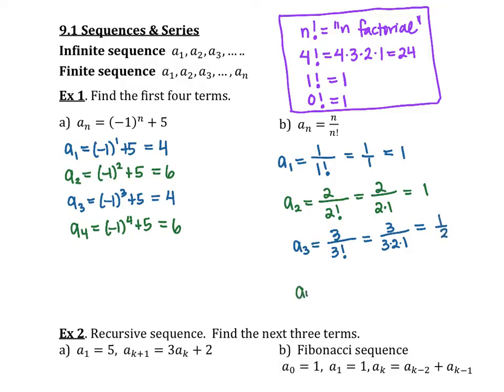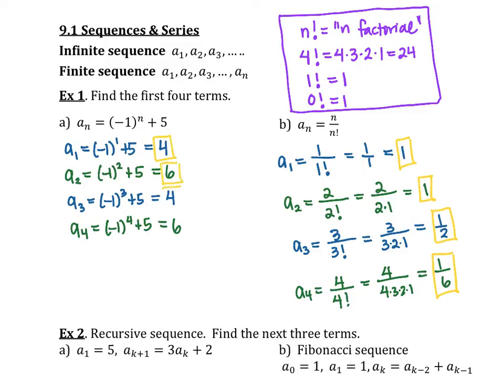And for the fourth term, I have 4 over 4 factorial, which is 4 over 4 times 3 times 2 times 1. The 4's cancel, and I'm left with 1 over 3 times 2 times 1, which is 6. So the first term is 1, second term is 1, third term is 1/2, the fourth term is 1/6, and I could keep going from there to find subsequent terms.